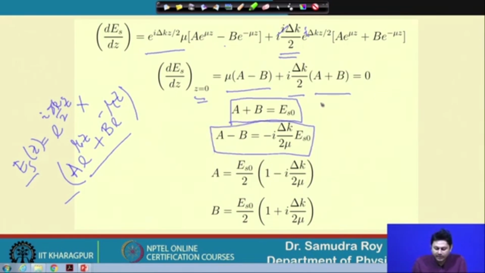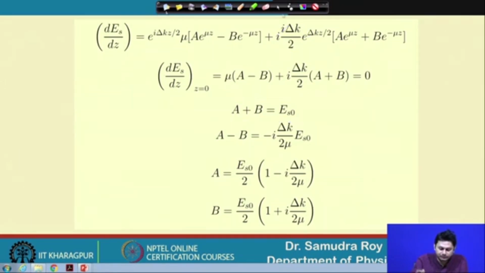Once we know A plus B and A minus B, I can solve this and find A and B: E_s(0)/2 times (1 minus i delta k by 2 mu) and E_s(0)/2 times (1 plus i delta k by 2 mu). So, I can figure out the A and B values.